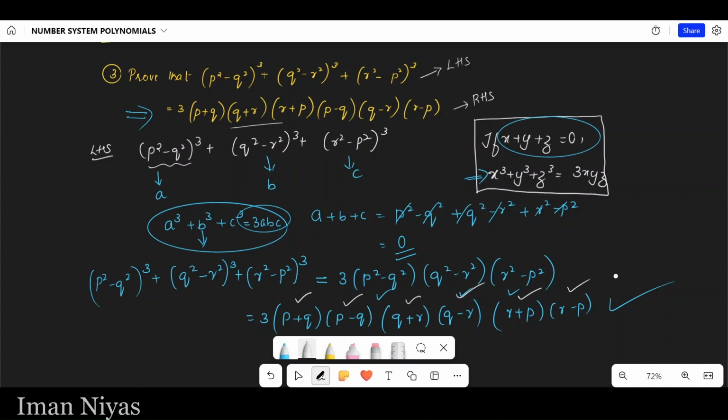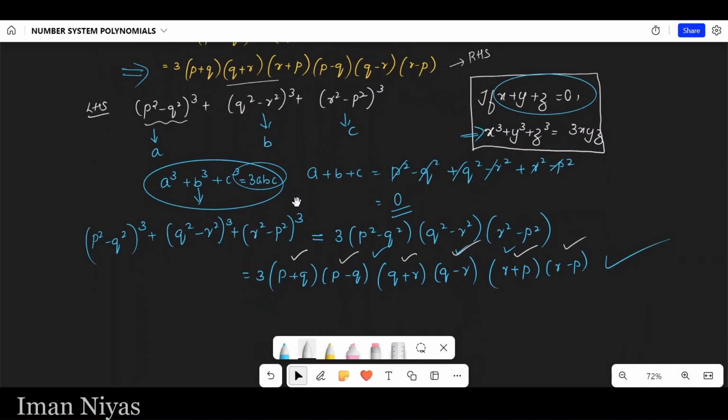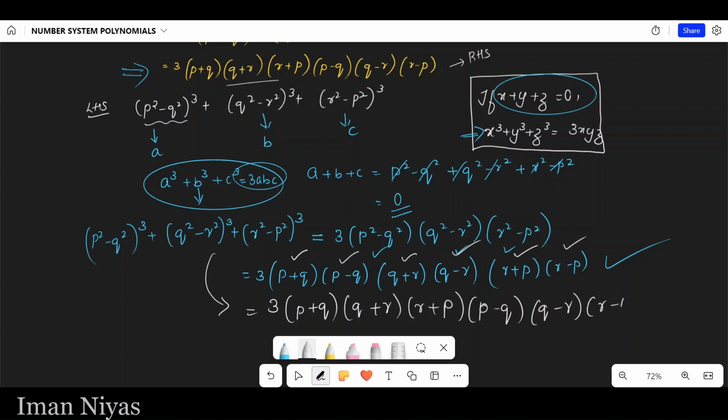So what we need to do now is just rearrange and write it in order. So this is our LHS, that is equal to 3 into (p plus q), then (q plus r) multiplied with (r plus p), then again (p minus q), and (q minus r), then (r minus p). So now we have arrived at the answer: LHS is equal to RHS, and thus proved.